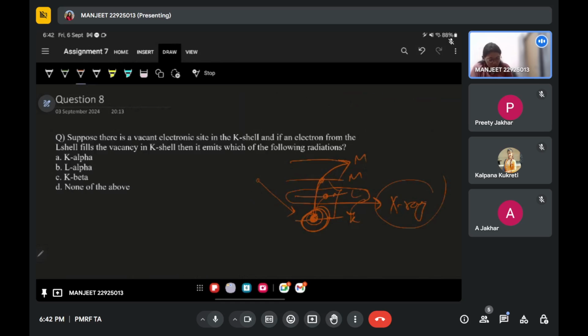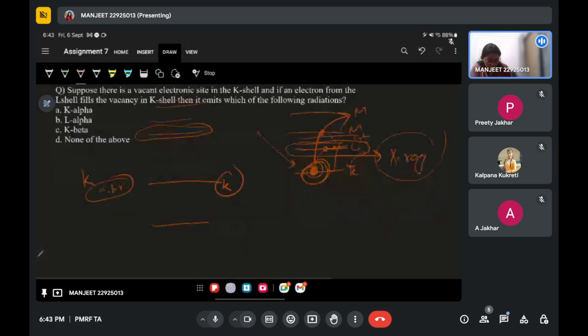K alpha has K, L1, L2, and L3, and it is similar for the M shell, so it depends upon from which shell to which shell the electron is coming. If it is coming to the K shell from any higher one, then it will be K alpha, beta, gamma, which is defined by the energy level it is coming from.